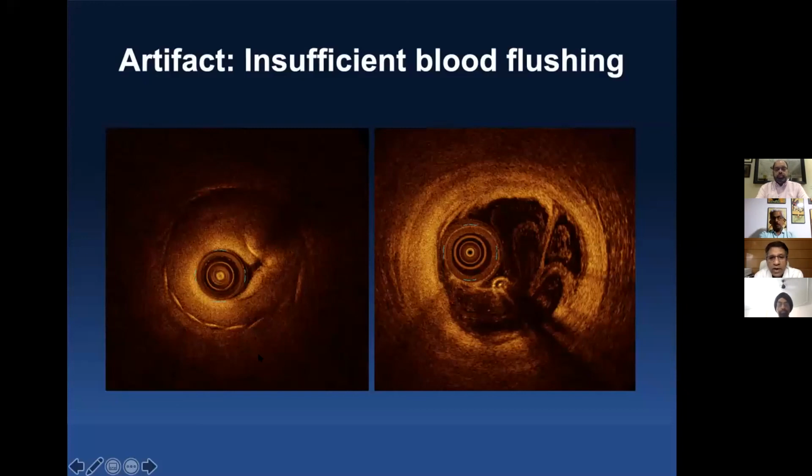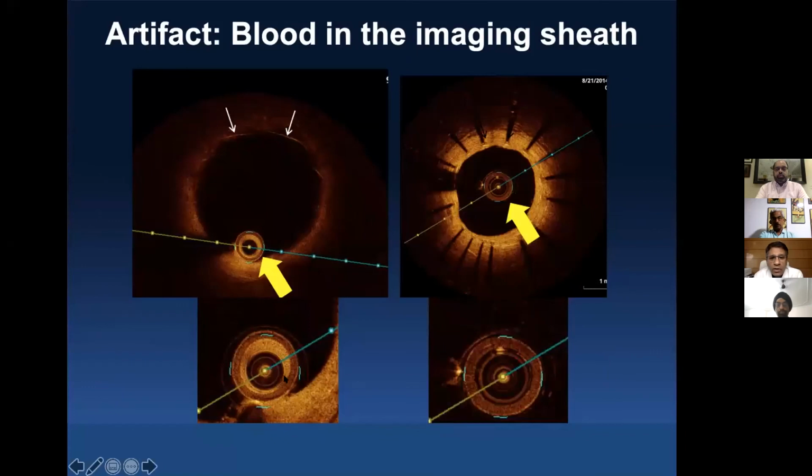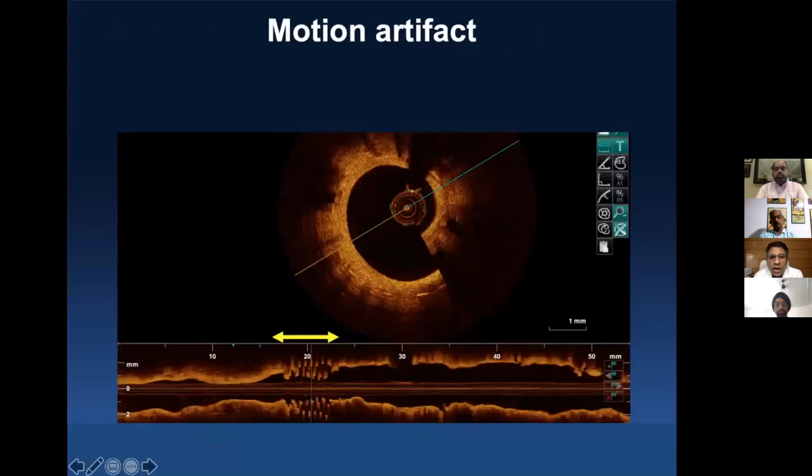You also have to purge your catheter very judiciously, because if there is blood in the sheath, then there is shadowing, because the light cannot penetrate the blood in the sheath. And this is the artifact because of the motion of the wall. You should be aware of these artifacts, and you should not call it a ruptured plaque. This will come with experience.